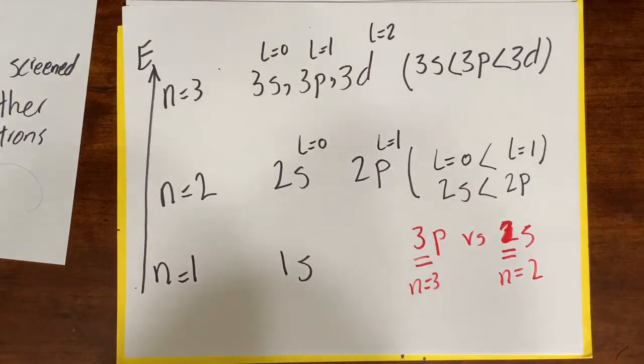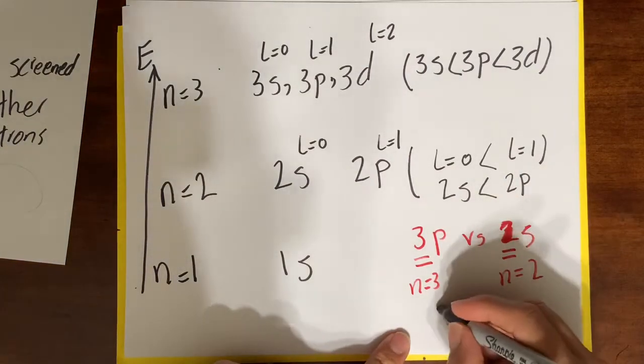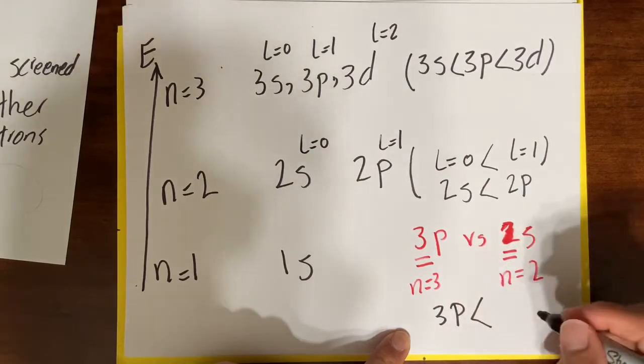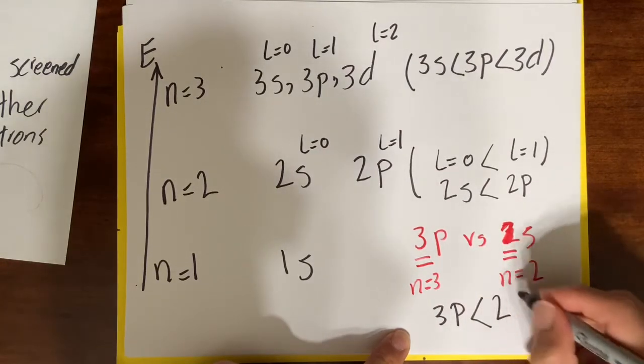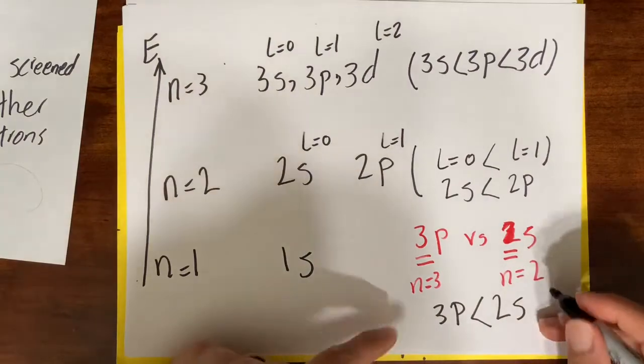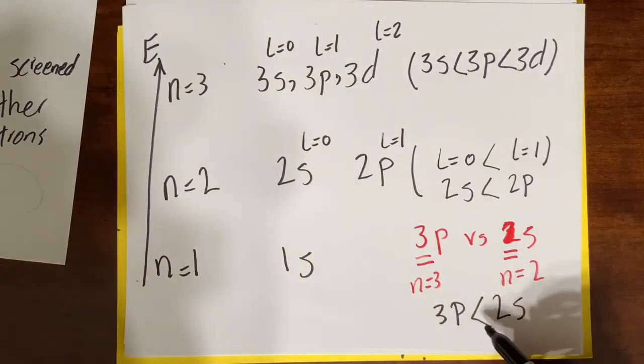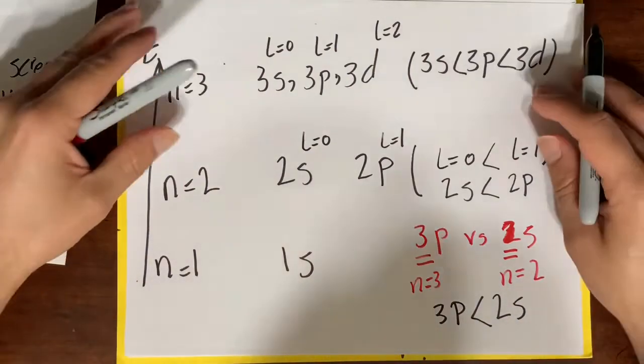So 3p is in a higher level and has higher energy than 2s.